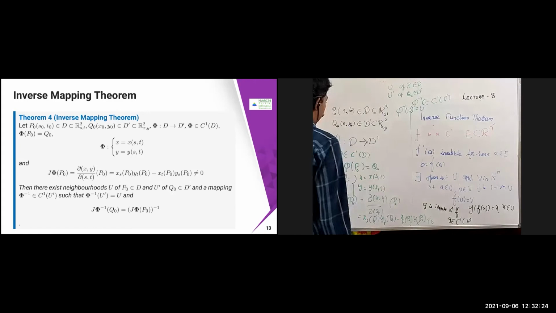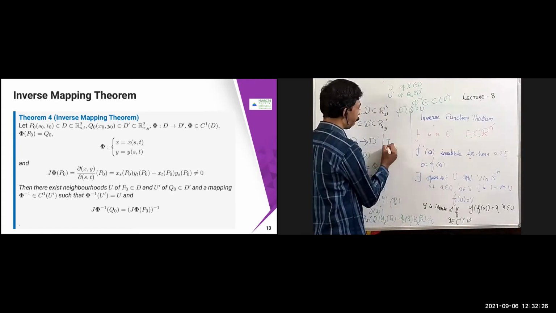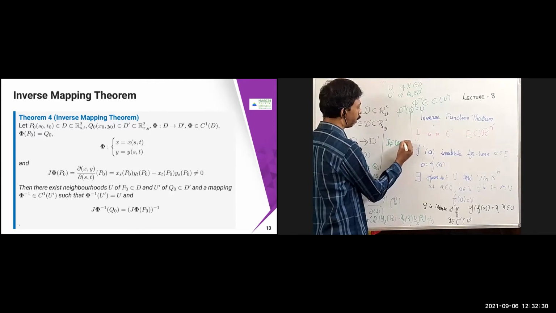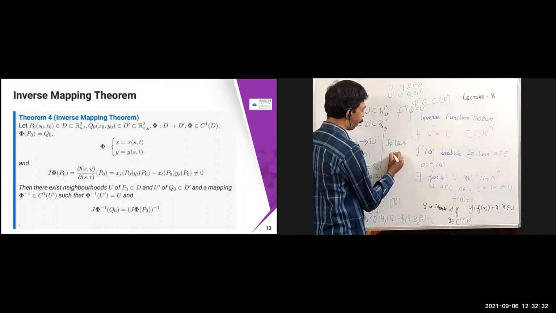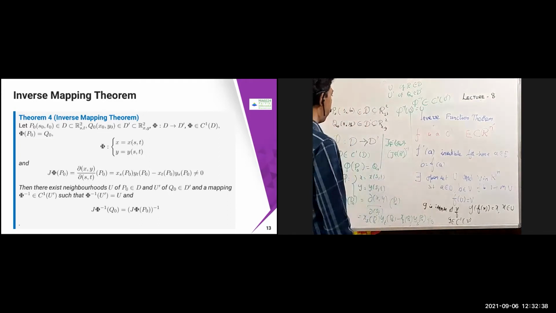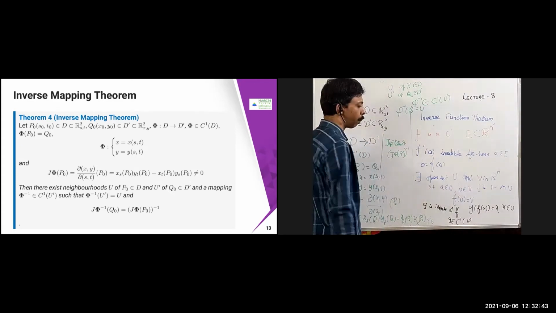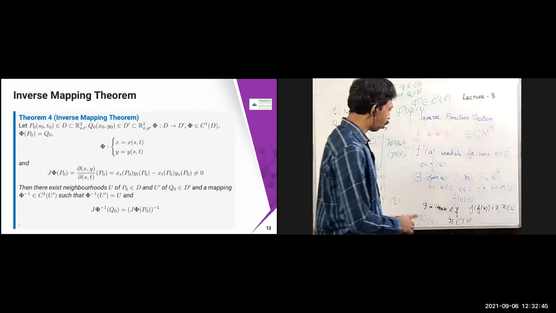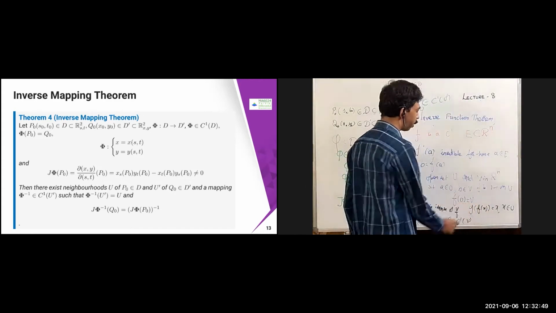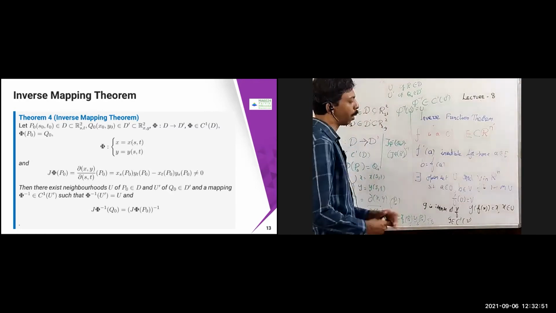And further, one more thing: J pi inverse of q naught is going to be J pi of p naught whole inverse. So that is good. J pi inverse of q naught is going to be J pi of p inverse. All these things come because of this theorem, and I am just using these two things over here and then applying them.